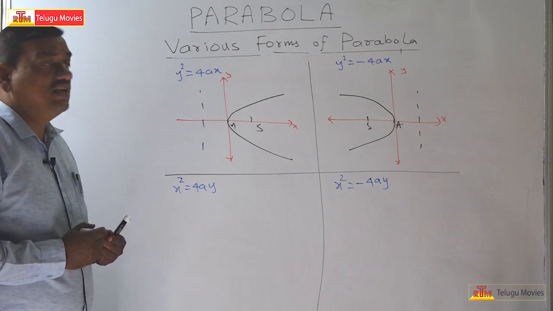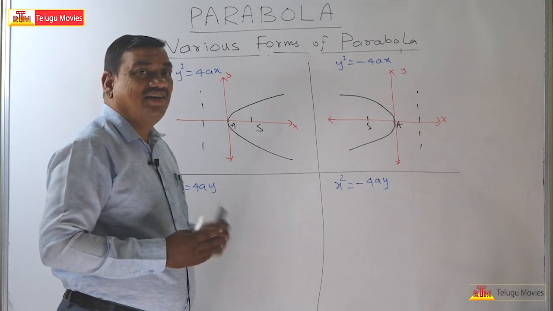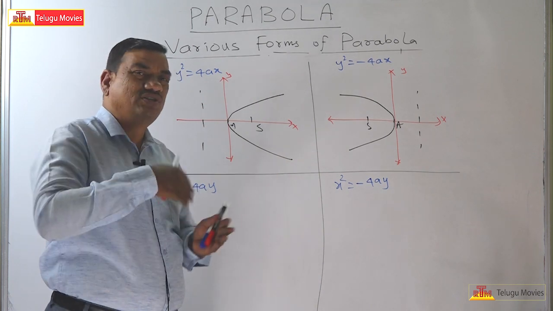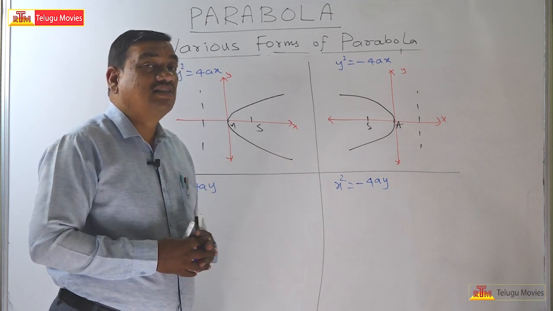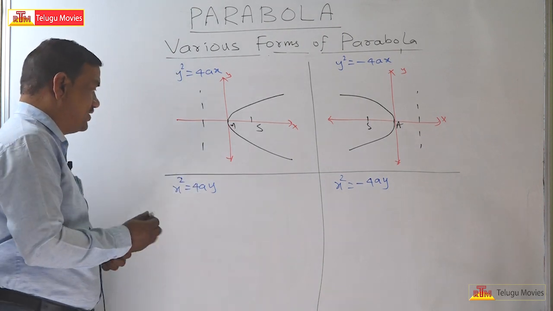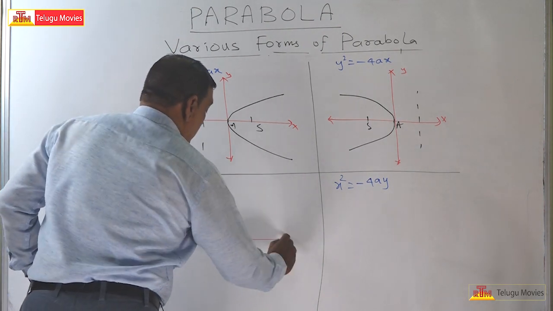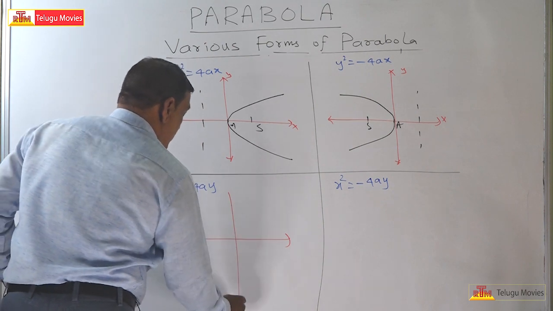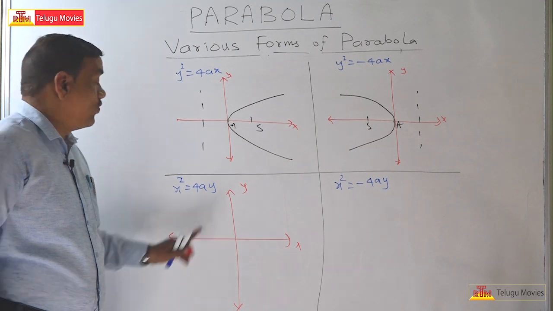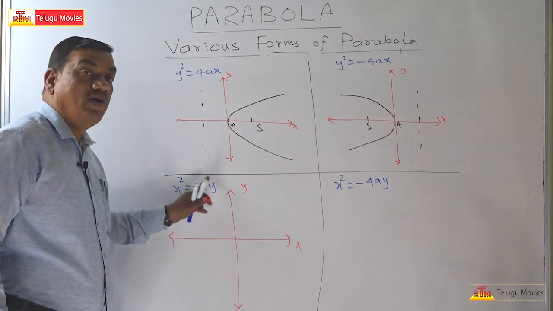But first thing, generally students are a little bit confused about y² = 4ax, x² = 4ay, which shape, which quadrants it lies in, all those things they will get confused. Okay. Next one is x² = 4ay with the x-axis and y-axis. The y coefficient is how much? 4a.